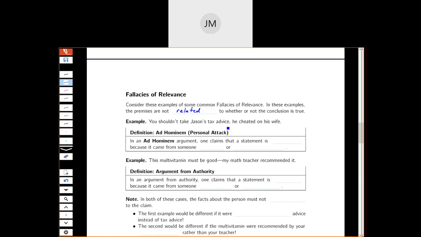And this is a really, really common logical fallacy. It's called an ad hominem or personal attack. In this type of fallacy, in an ad hominem argument, one claims that a statement is false because it came from someone who's in some way bad or unreliable.